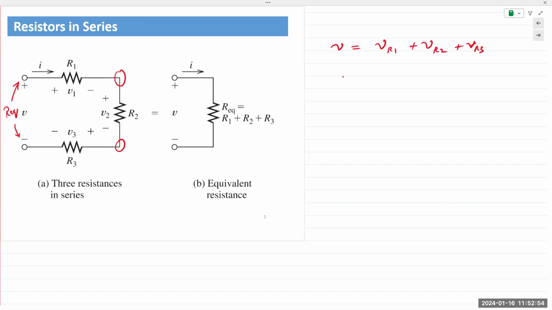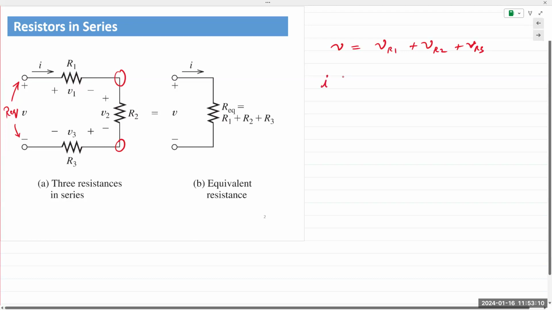That current only has one path to flow through. It cannot go anywhere else. If it goes through R1, it has to go through R2 as well as R3 and return back to the circuit. There's no other pathway for it to go through, right? So the same current I flows in the circuit for all 3 resistors.